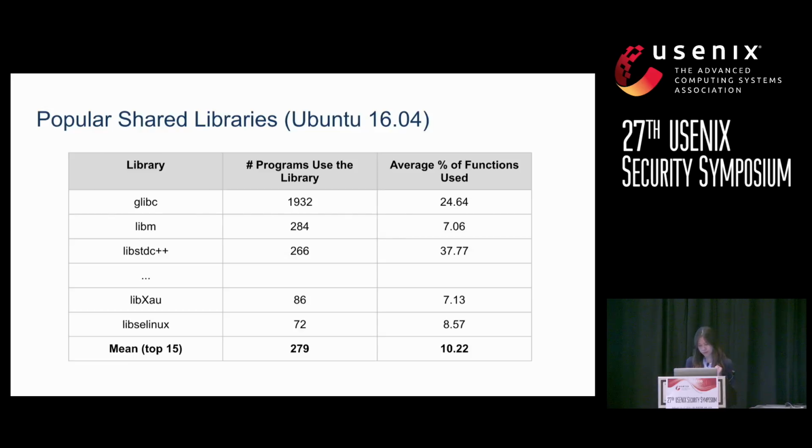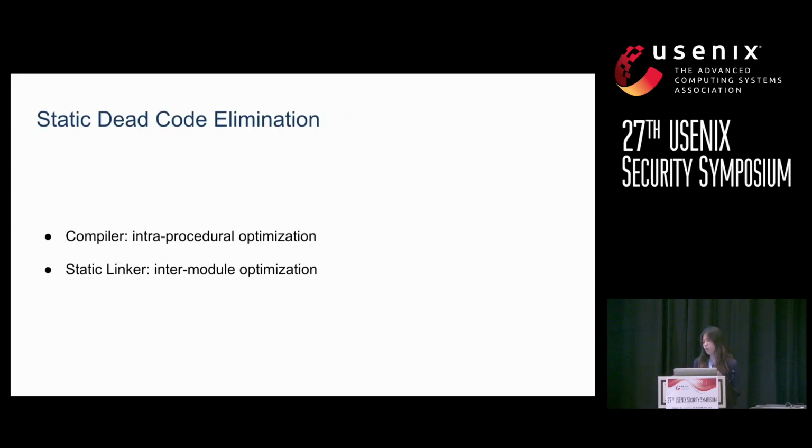There is existing dead code elimination optimization performed at different stages statically. For example, at the compilation stage, the compiler performs dead code elimination at the function level for the function body. And then at the linking stage, you have an option to perform cross-module dead code elimination.